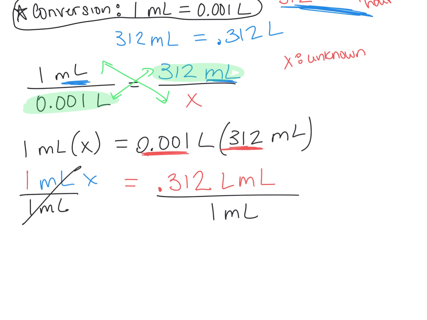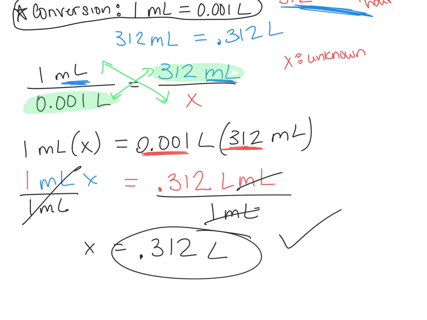On the left side, it cancels out to just X, my unknown. Over here, it's just 0.312 divided by 1, which doesn't affect the 0.312. Notice my milliliters cancel out, and I'm left with 0.312 liters, which is what I was trying to find.